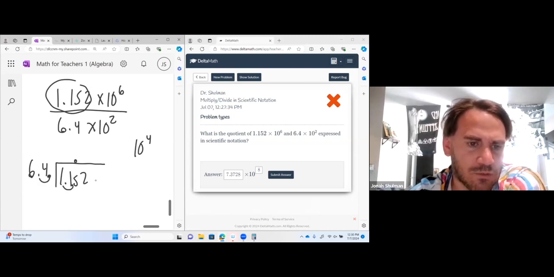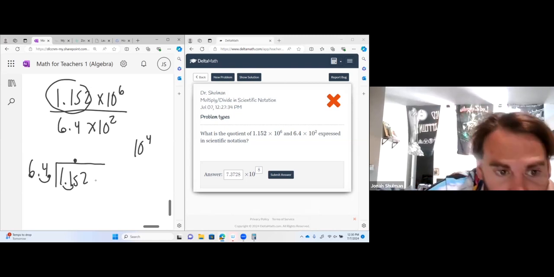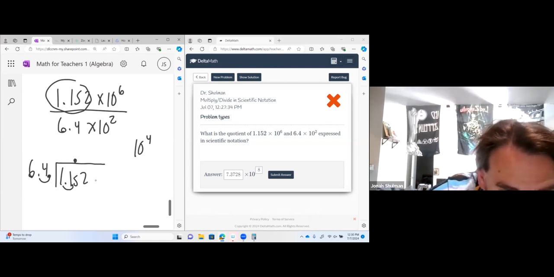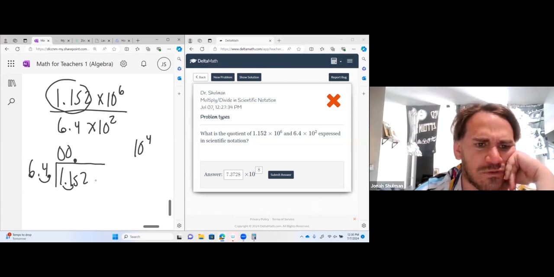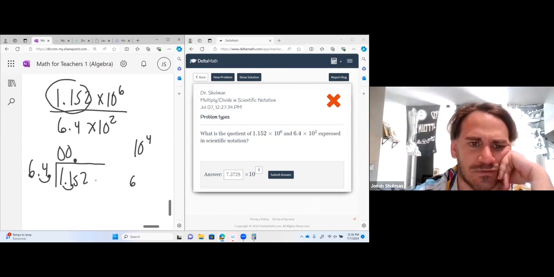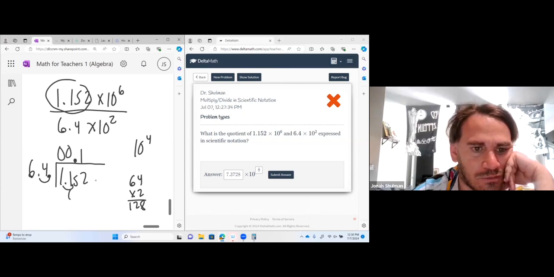So there's our decimal. 64 can't go into 1. 64 can't go into 11. 64 can go into 115, I believe twice, because 64 times 2 is 120. No, it's just once. So minus 64, that's a 1. 11 minus 6 is 51, so it's 512.